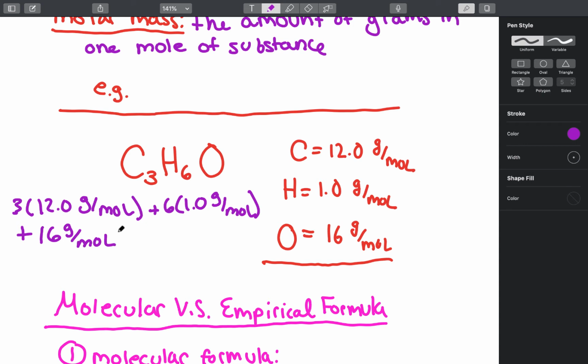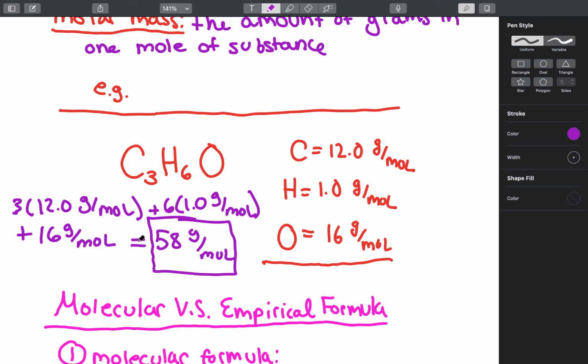So when you add all of this together, you should get around 58 grams per mole. And this would be your molar mass of this particular molecular compound.